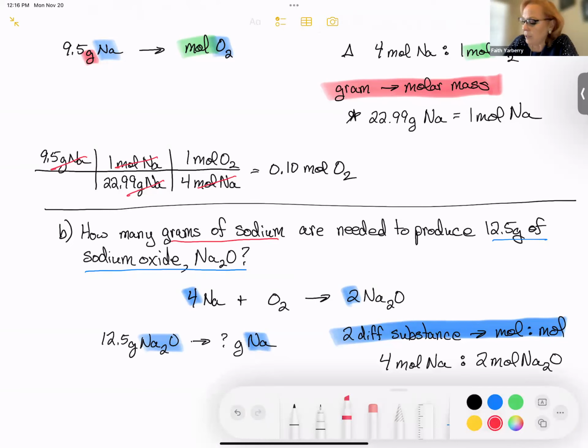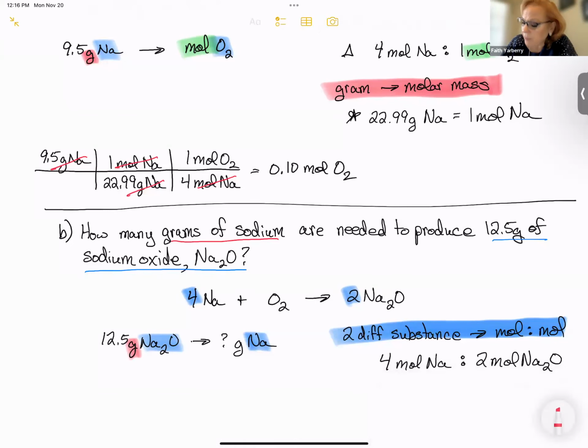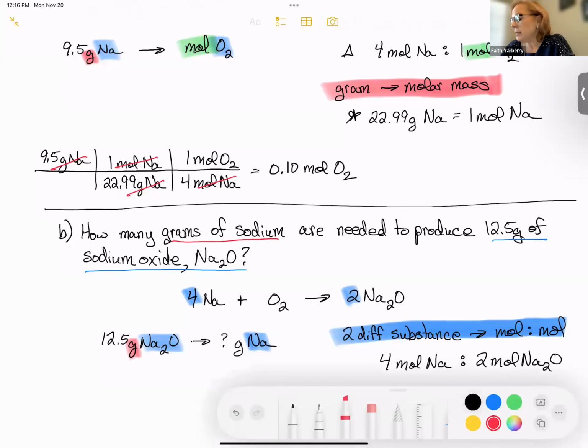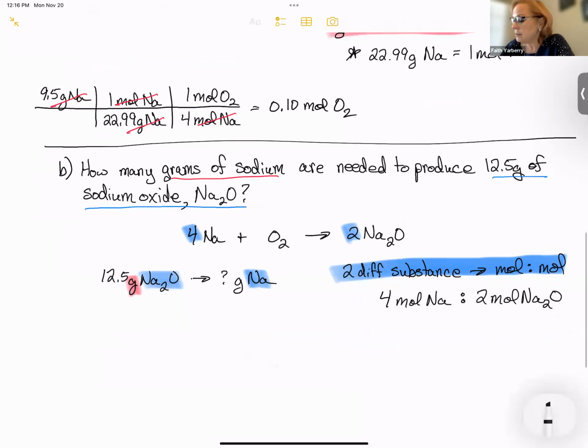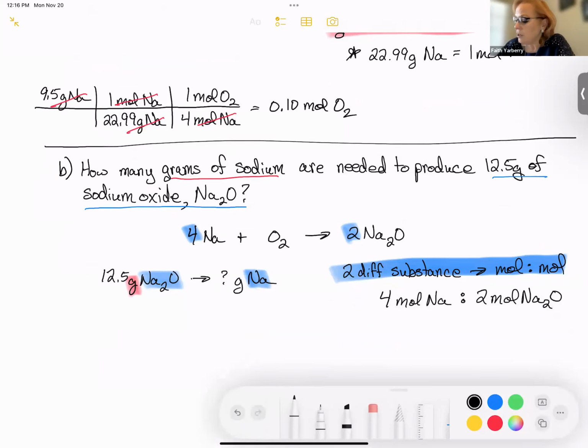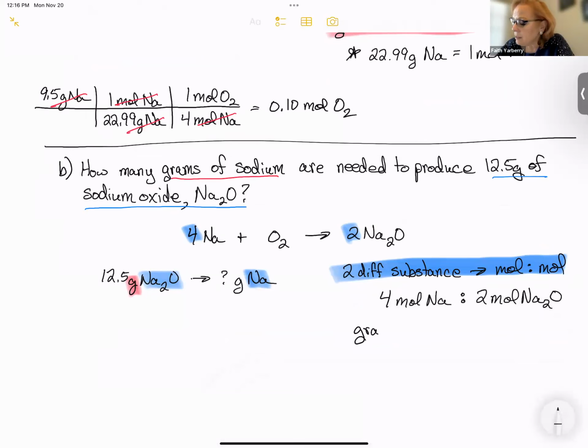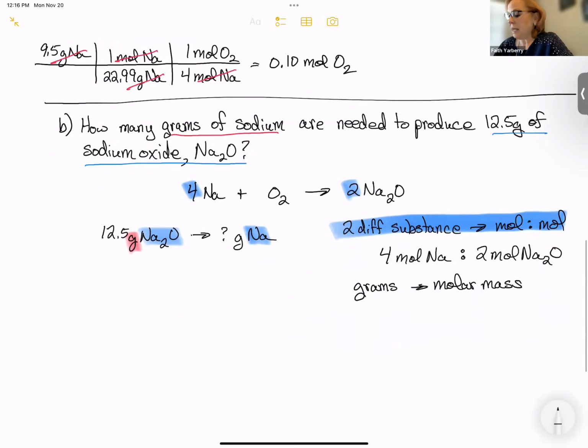The next thing we're working with is grams of sodium oxide. Grams always means molar mass. So we need the molar mass of sodium oxide. We have 2 sodiums. Sodium has a mass of 22.99. We have 1 oxygen, which has a mass of 16.00.